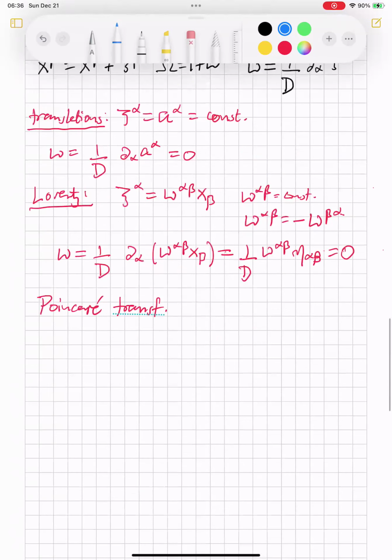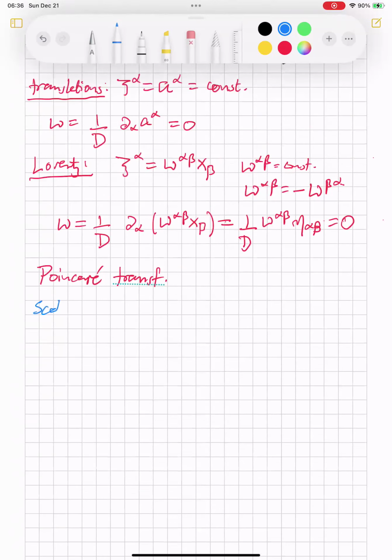Now, if we look at scaling, now the story is different, because now zeta alpha is equal to minus lambda x alpha. So if we calculate little omega, this is 1 over d times d alpha of minus lambda x alpha. Okay, lambda is a constant again. So when d alpha acts, it'll act only on the x alpha. It'll give me a delta alpha alpha.